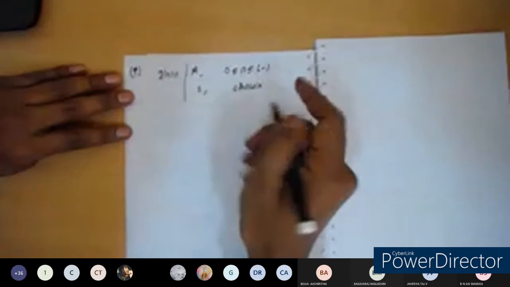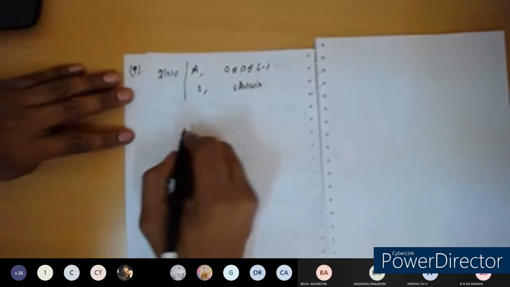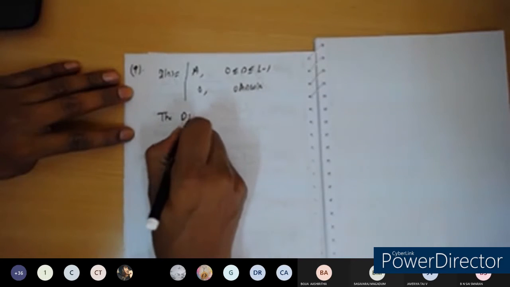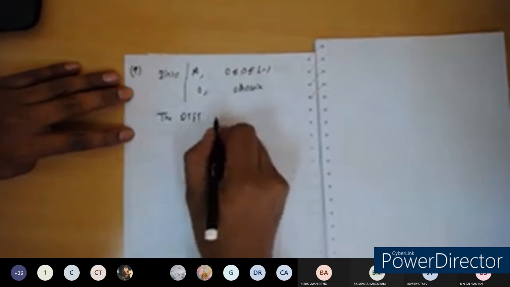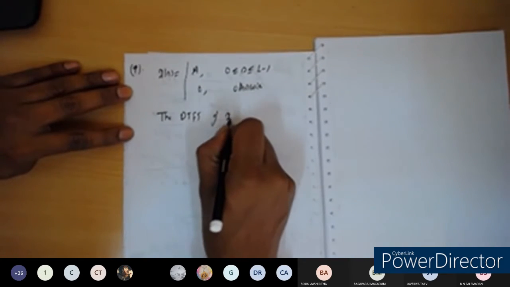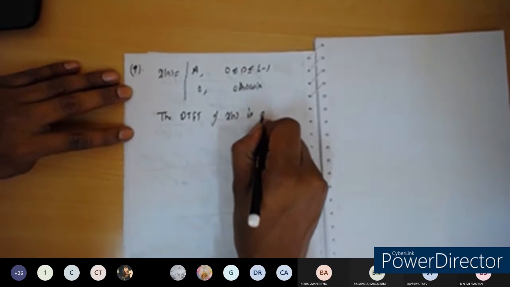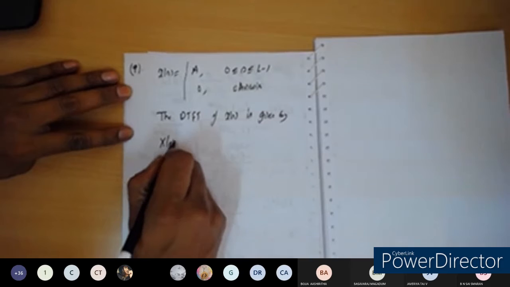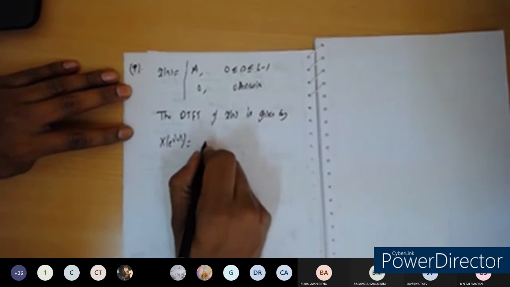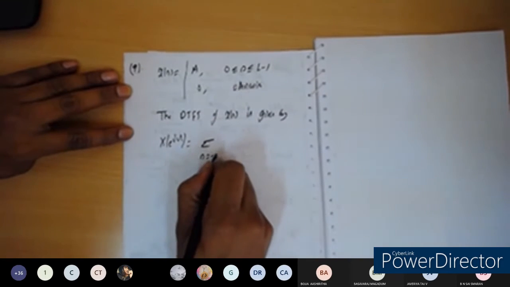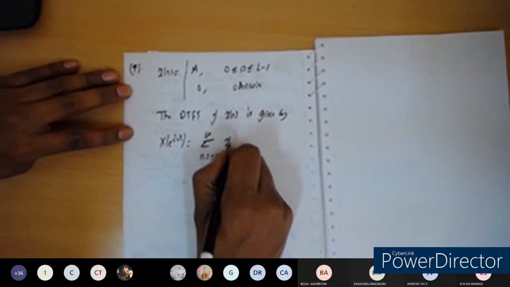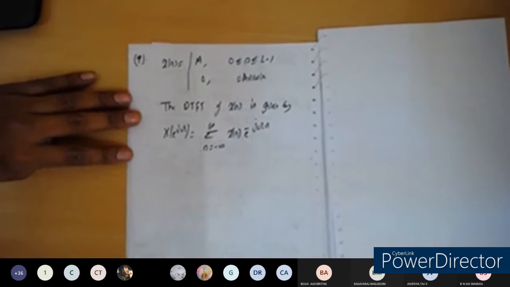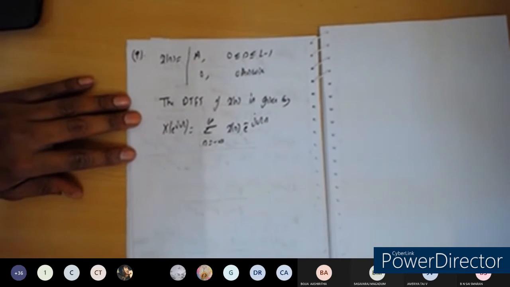Right. Now let us write the formula for the DTFT. The DTFT of x of n is given by, always write this generalized formula, X of e to the power of j omega, which is the summation from n equal to minus infinity to plus infinity of x of n into e to the power of minus j omega n.